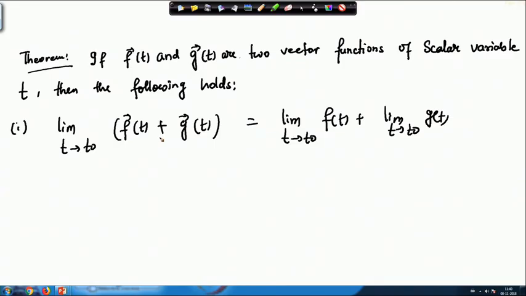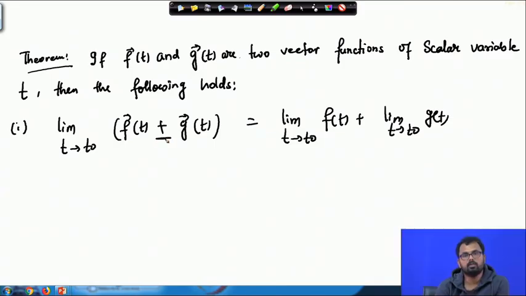Now, similarly, for a subtraction, the limit of the difference is equal to the difference of the limits. So, this is also true.